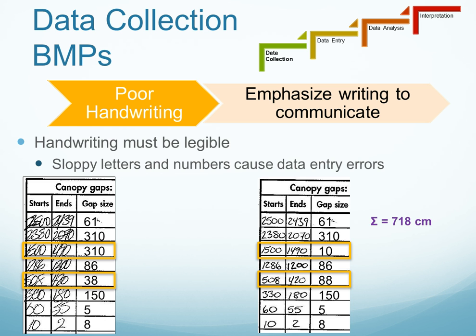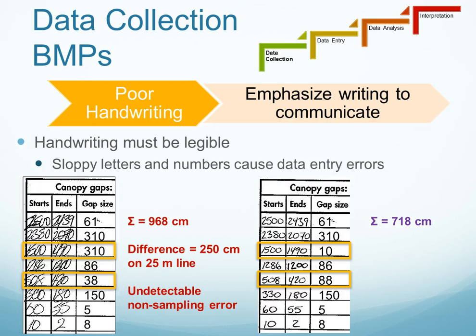Because of this, the accurate total gap, 718, is misrepresented by the information on the left. We see a difference of 250 centimeters in a 25-meter line. And remember that these errors are undetectable because they are non-sampling errors, and they affect the accuracy of our data.